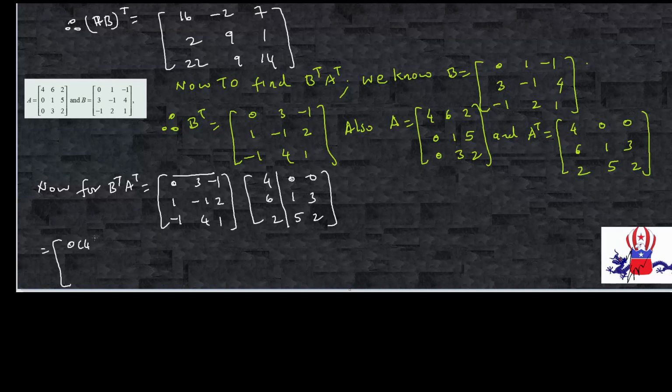That would be 0 times 4, positive 3 times 6, positive negative 1 times 2, and then 1 times 4 is actually the second row versus the first column. So that would give us negative 1 times 6, positive 2 times 2, and then negative 1 times 4 positive, that's third row with the first column, positive 4 times 6, positive 1 times 2.